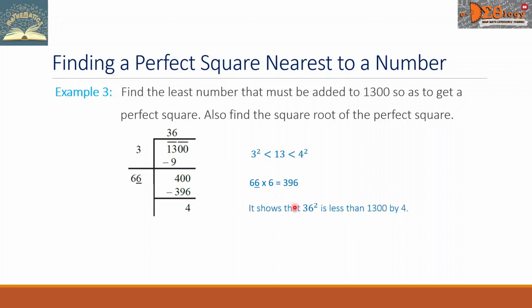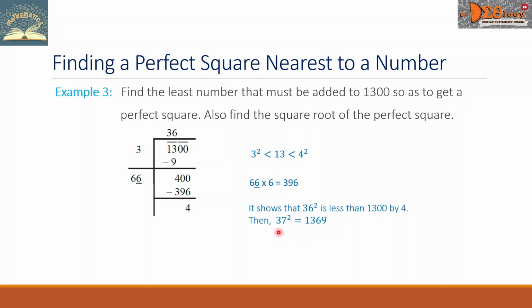That means the 36 square is less than 1,300 by 4. But look at the problem. We want a small number that must be added to 1,300. That means we're going to consider the first whole number that must be squared. What about 37 square? And this is 1,369.